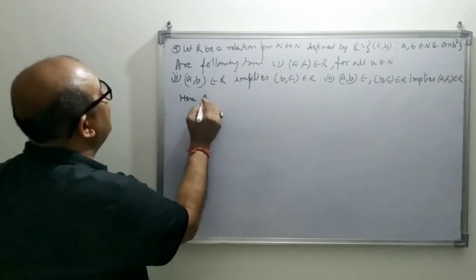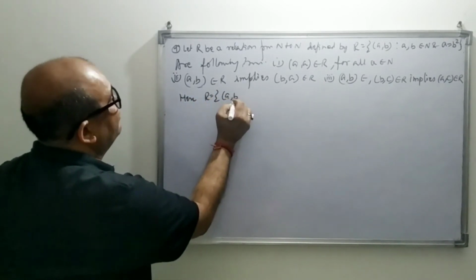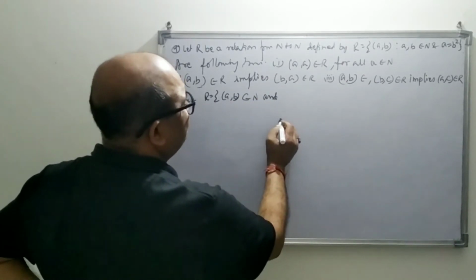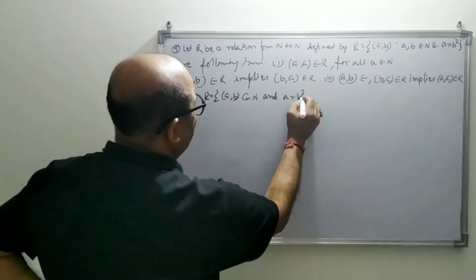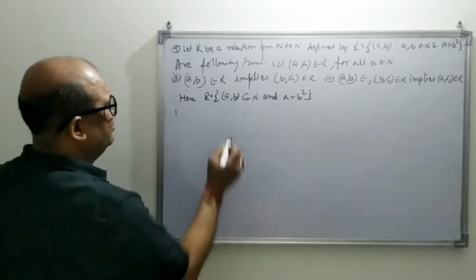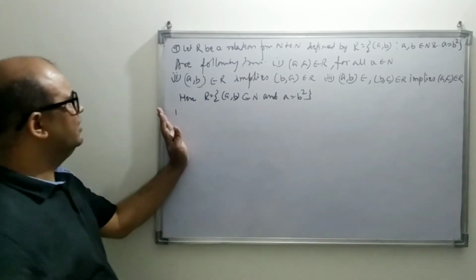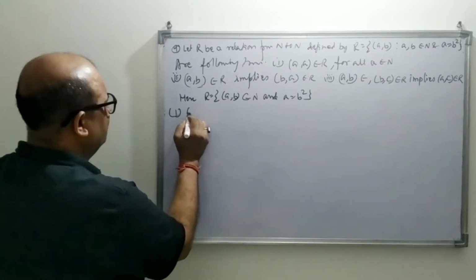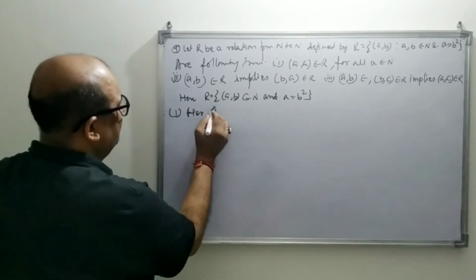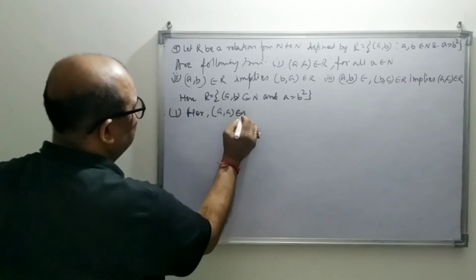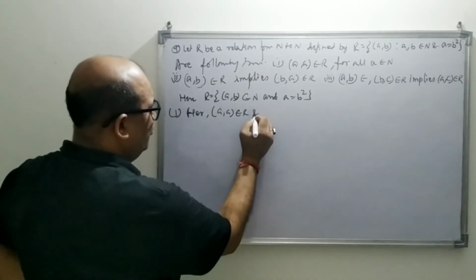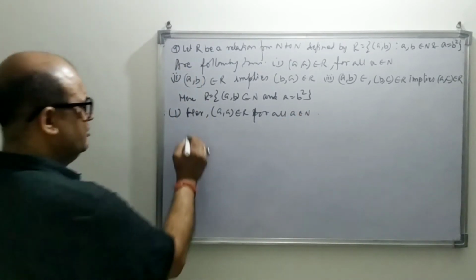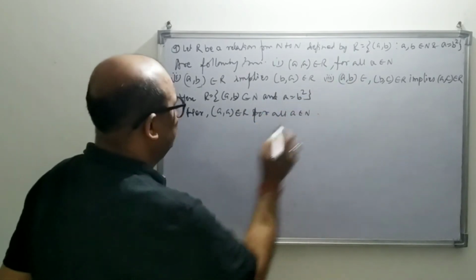Here, R equals (a, b) belonging to N, with a equal to b square, where a, b both are natural numbers. Now, let us see the first one: (a, a) belongs to R for all a belongs to N. That means a equal to b square.